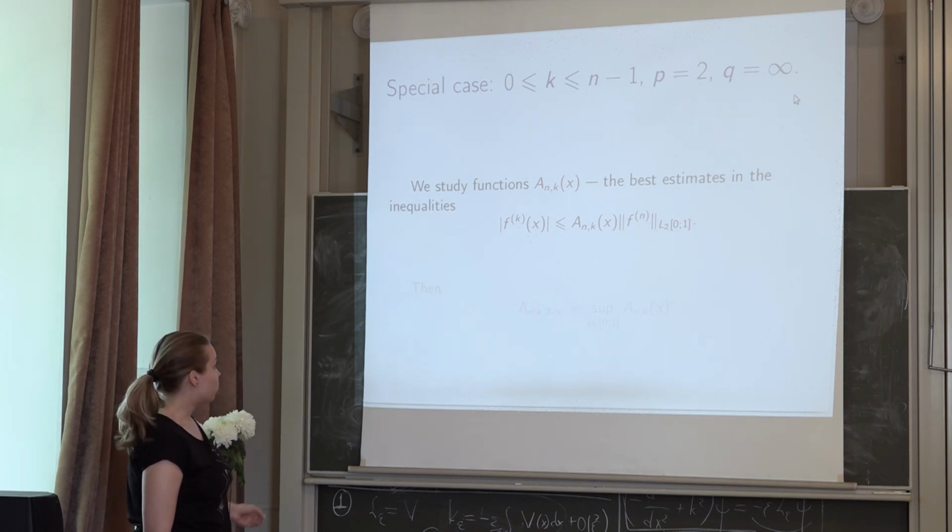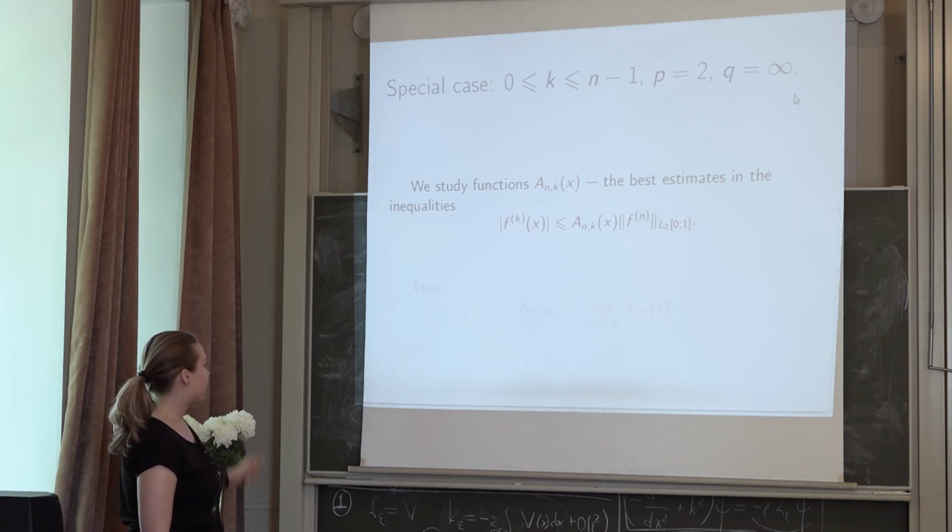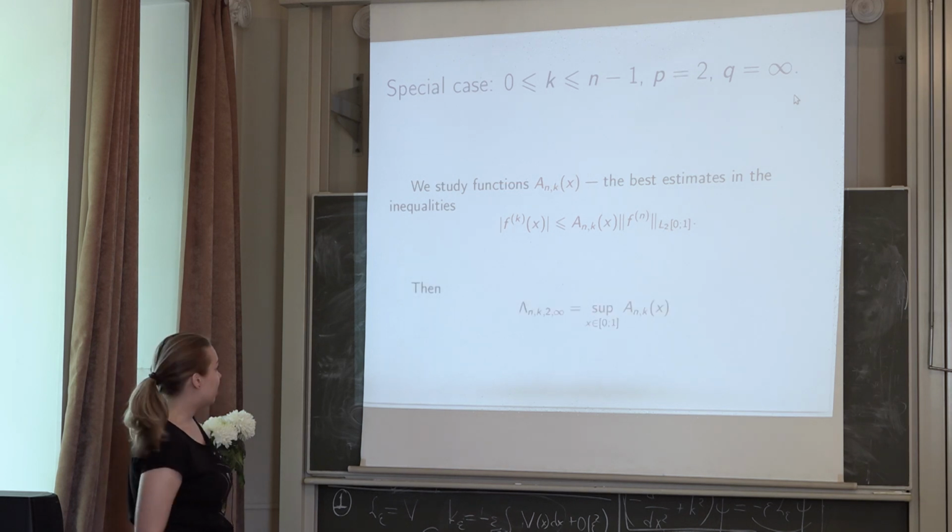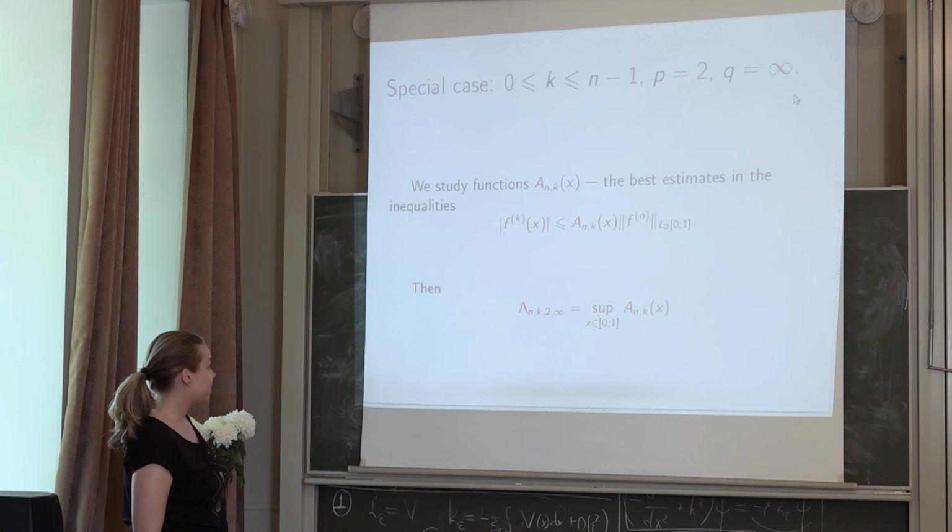In this case, we can consider an equivalent problem and study the functions A_{n,k}, which are the best estimates in inequalities of such type. Then the embedding constant lambda_{n,k} to infinity is the supremum of these functions on the segment [0, 1]. For convenience, further we omit the last 2 indexes and will write only n and k.